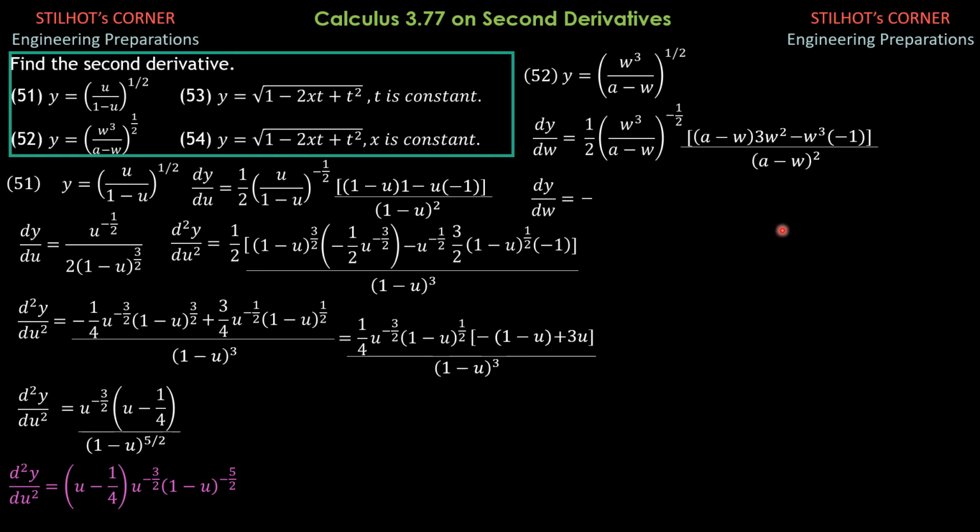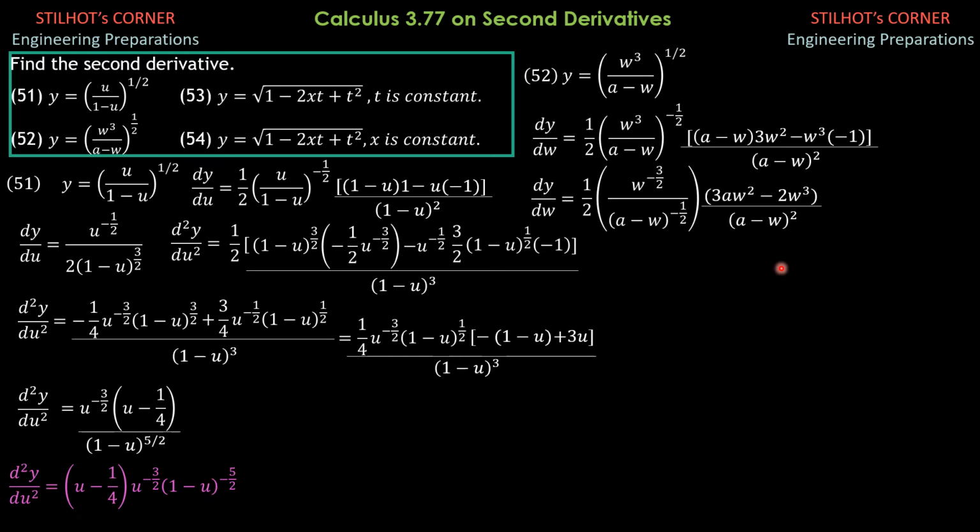So dy/dw equals 1/2 w to the negative 3/2 over (a minus w) to the negative 1/2, then times the quantity 3aw squared minus 3w cubed plus w cubed, so negative 2w cubed, all over (a minus w) squared.